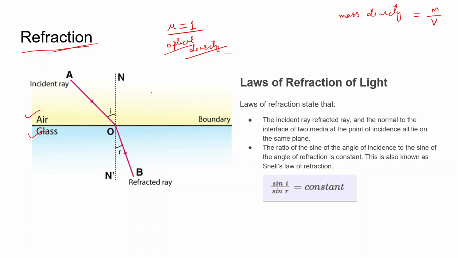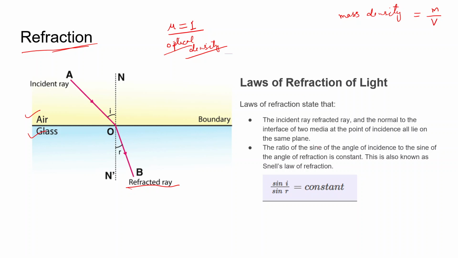The speed of this incident light is more in the air medium, but its speed will decrease in the glass medium because it's a denser medium, and that results in the change of the angle of refraction. So this change in the speed of incident light when it passes from one medium to another is what we call refraction, and it results in the change of this angle also.